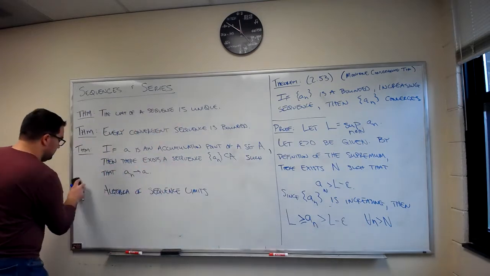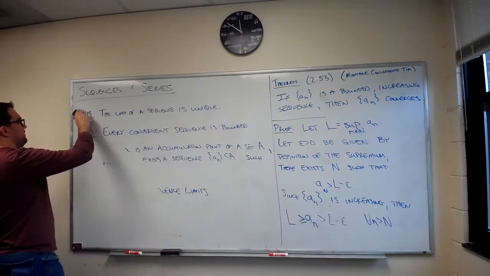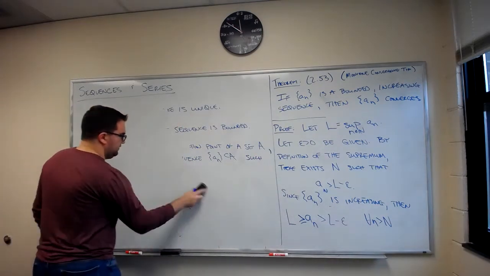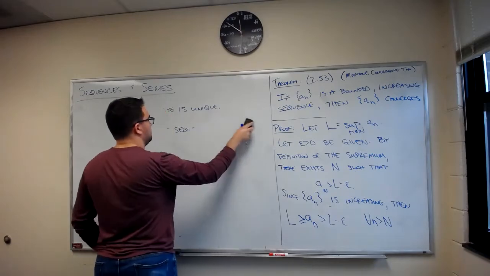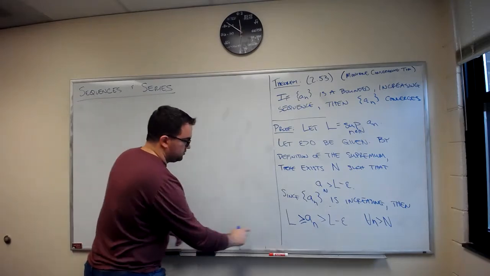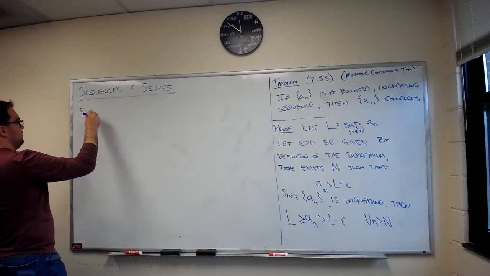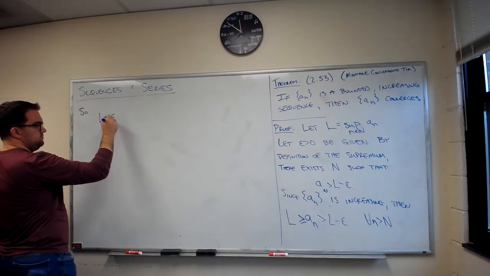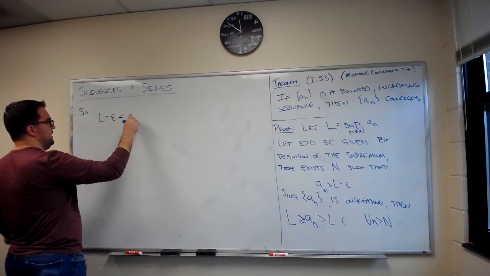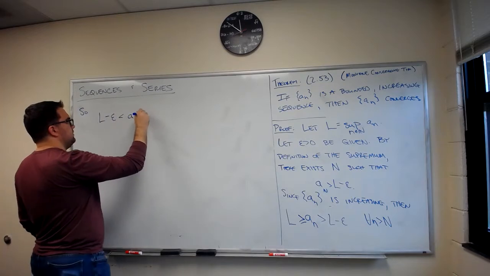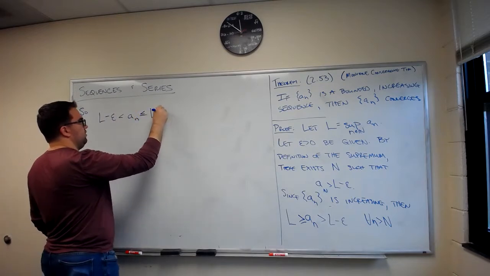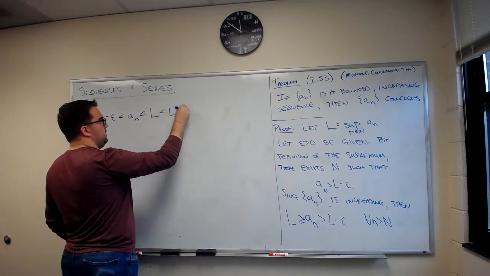So if we want to formally write this out a little more algebraically, I'm going to flip some of these inequalities around and say, I have L minus epsilon is less than a sub n is less than or equal to L, which is less than L plus epsilon.